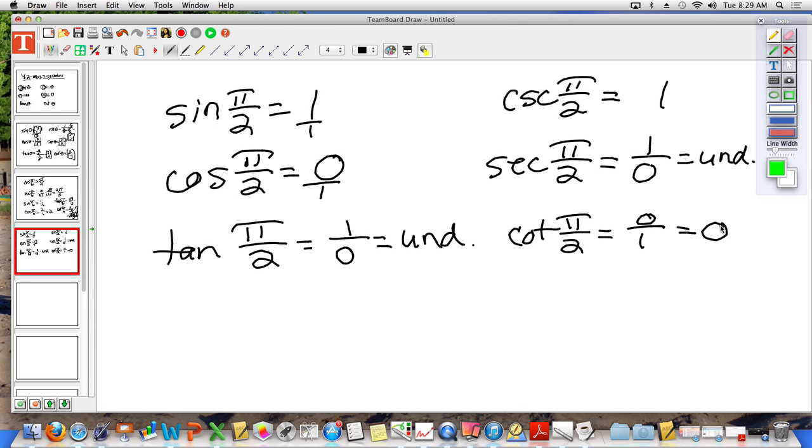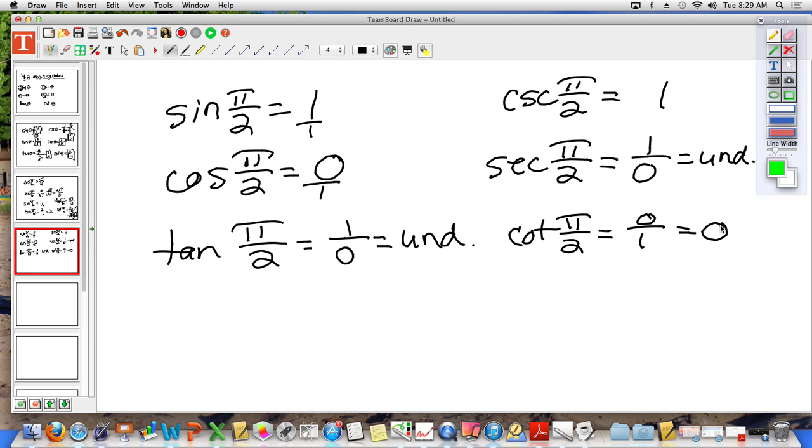I think this is what I was going to say. If it says that the sign is negative, what will the cosecant be?